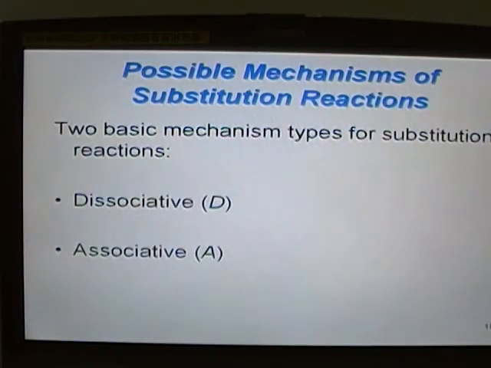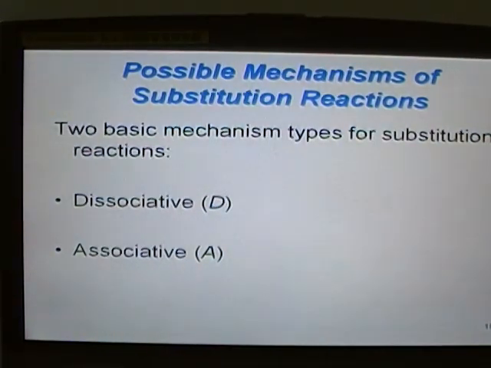The reason I introduced the last slide was because we're going to talk about kinetics, and that's experimentally how the kinetics of a reaction is measured. So keep that in mind.